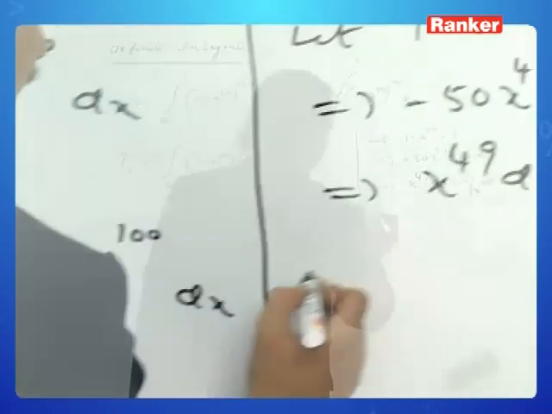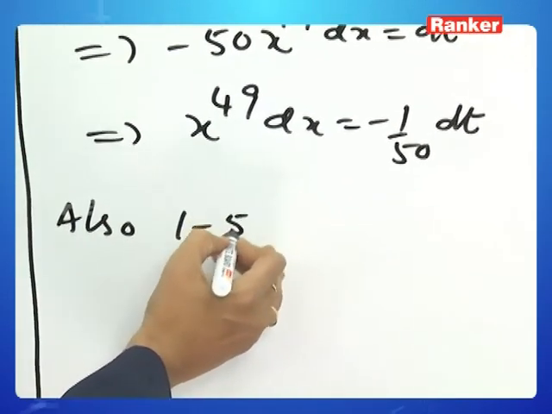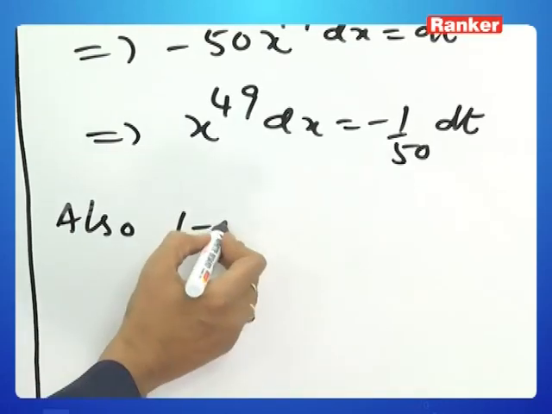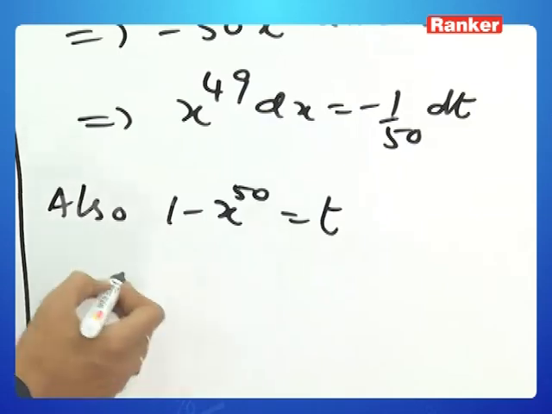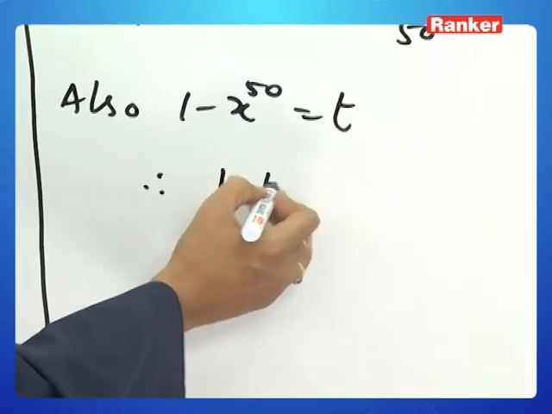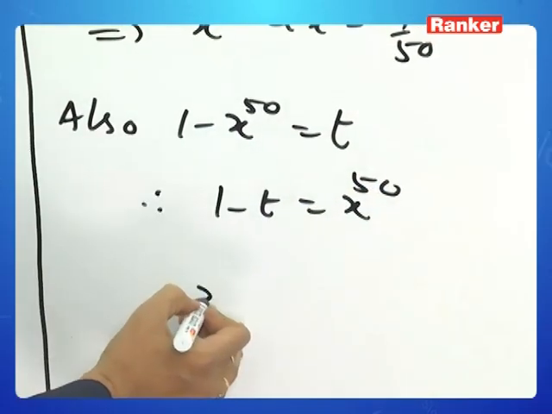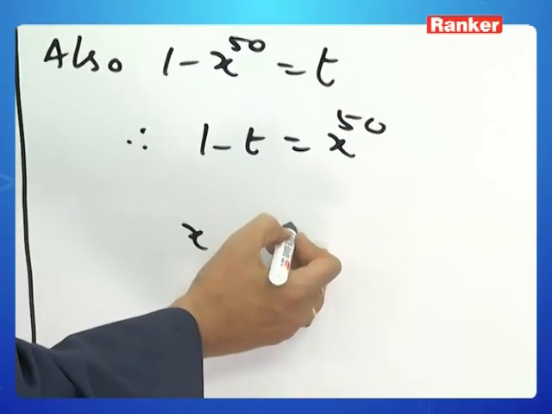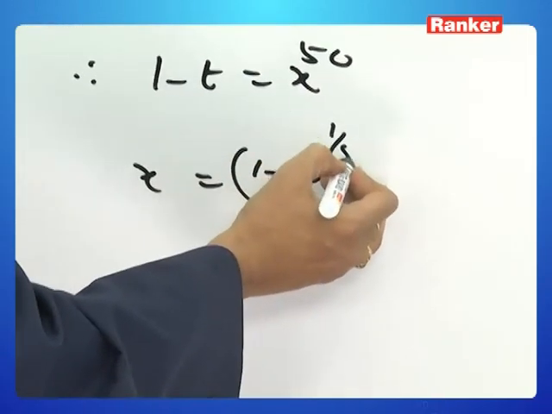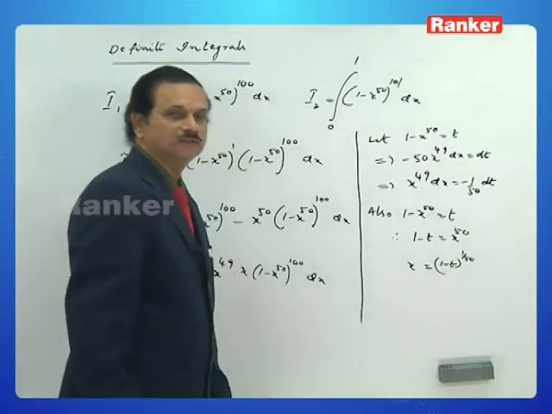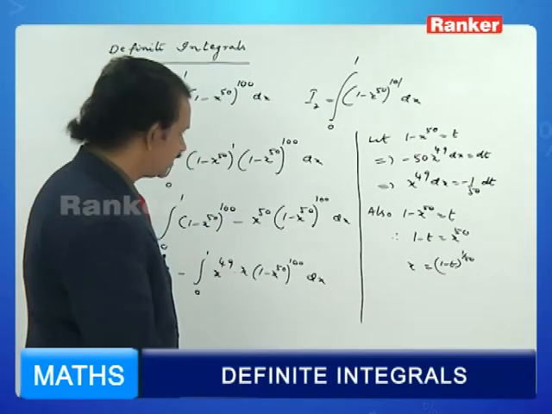Also, 1 minus x to the power of 50 is equal to t. Therefore, 1 minus t is equal to x to the power of 50. Therefore, x is equal to (1 minus t) whole to the power of 1 by 50. Isn't it?